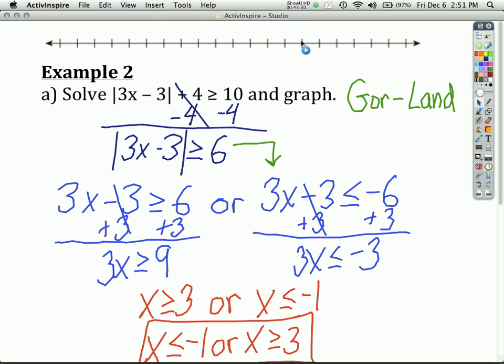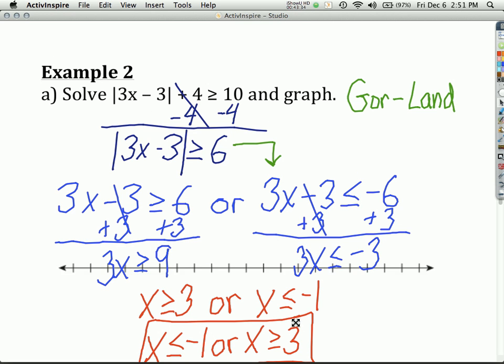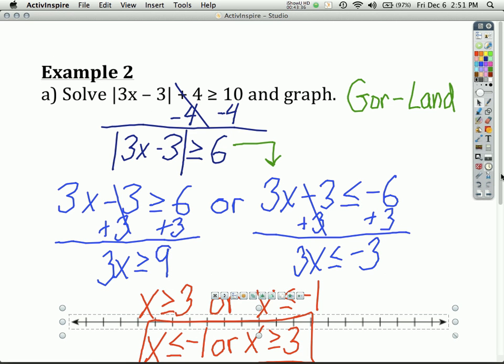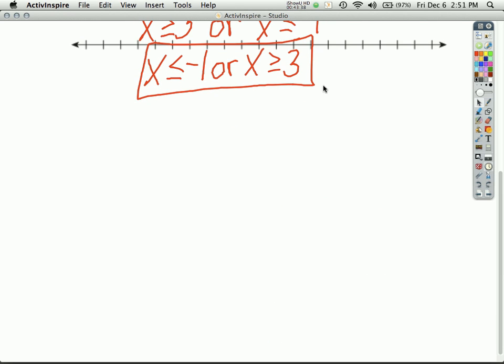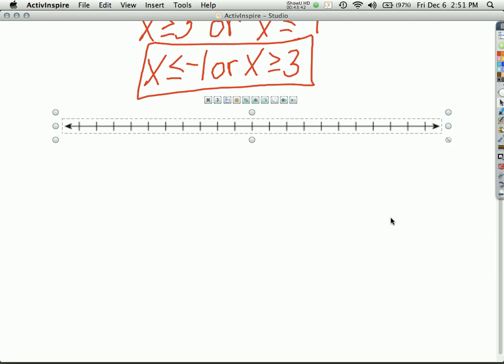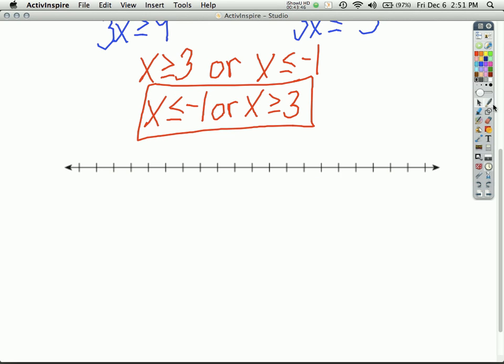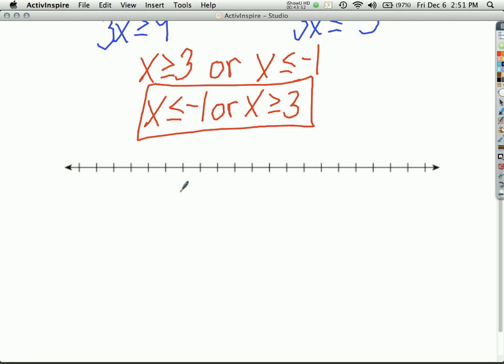So, we need a number line. And now you'll see why this makes more sense the way Hezekiah said it. Because the smaller number's on the left, and of course the smaller number's going to be on the left.